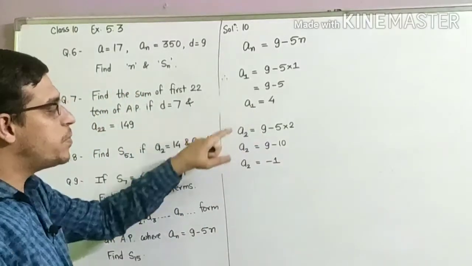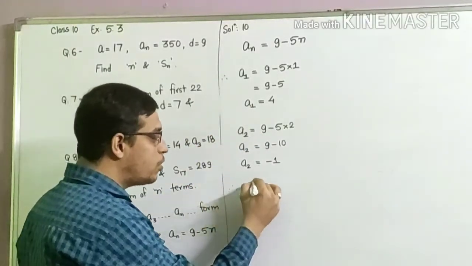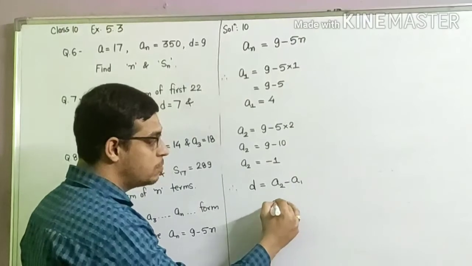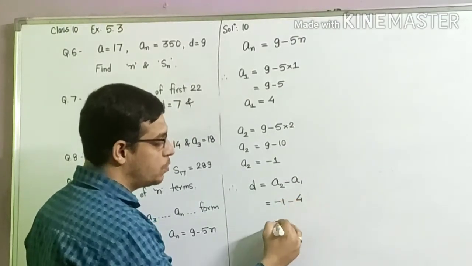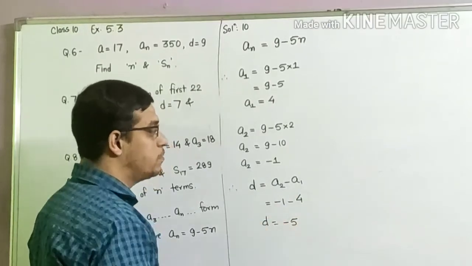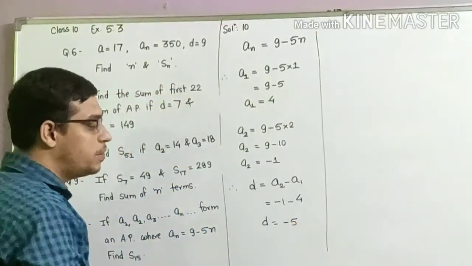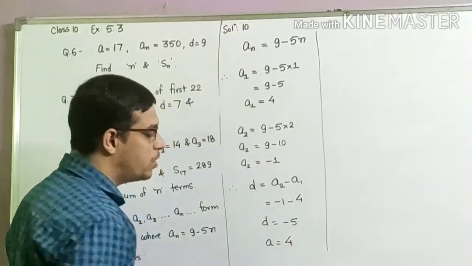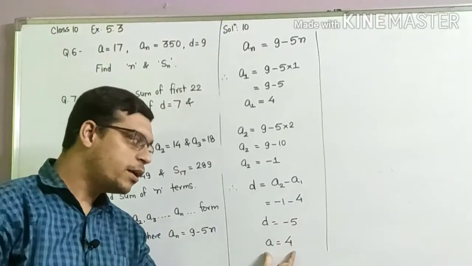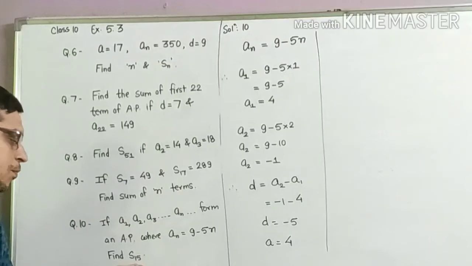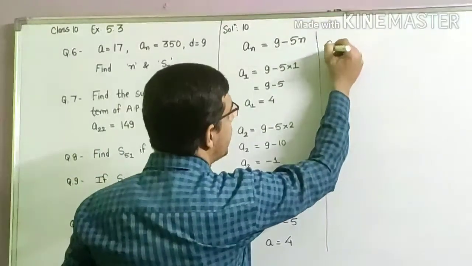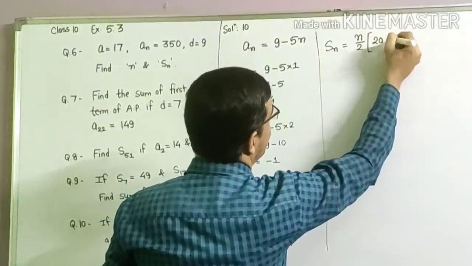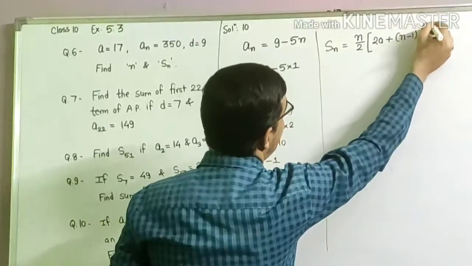Now I have the first term and the second term. So therefore common difference d is second term minus first term, that is minus 1 minus 4, minus 5. Okay, and the first term a, a1, is 4. Now I have d and a, and I have to find S15. So what is Sn? Sn is n by 2 into 2a plus n minus 1 into d.